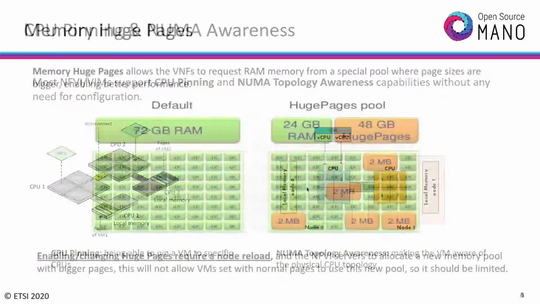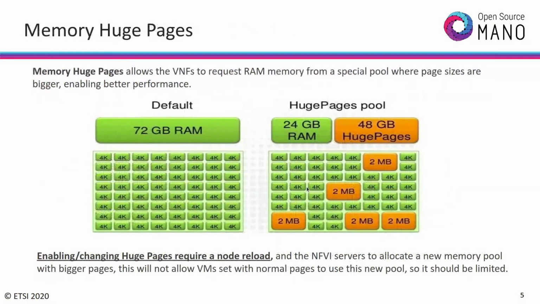Then we have memory huge pages. This technique allows the VNF to request memory from a special pool where the way that memory is organized in pages is more optimal for bigger amounts of memory, and this enhances the performance too.